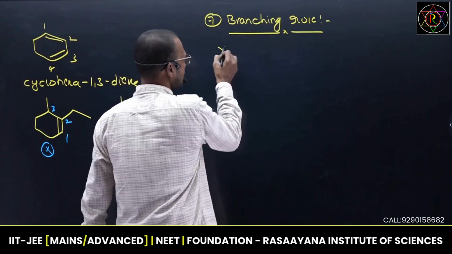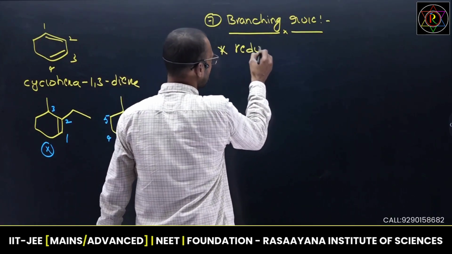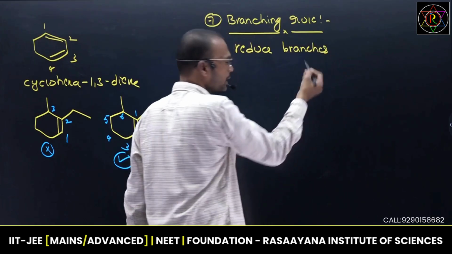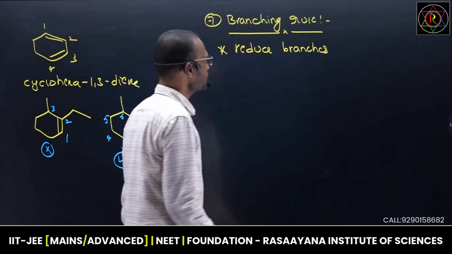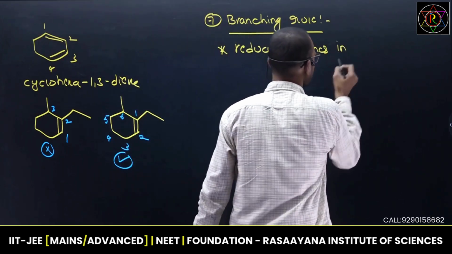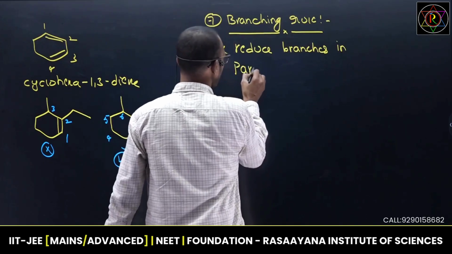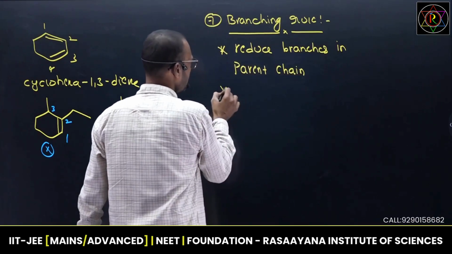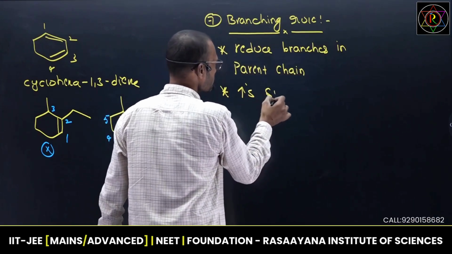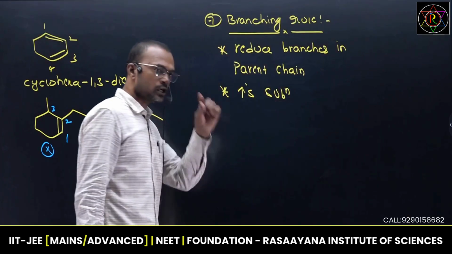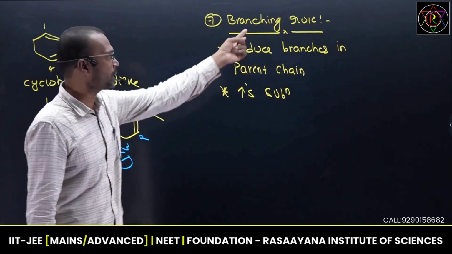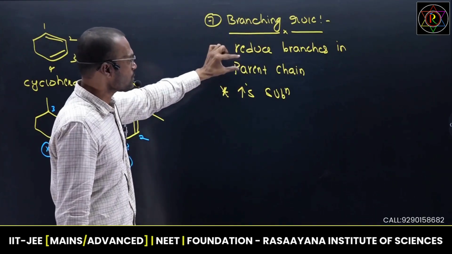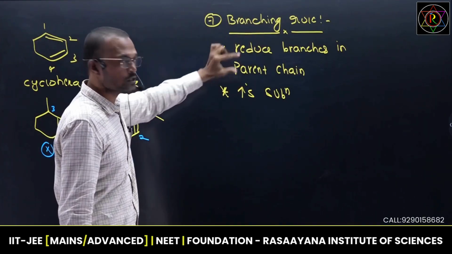Always reduce branches in the parent chain, and try to increase substitutions. If any substitution carries one more substitution, that is called a branch.